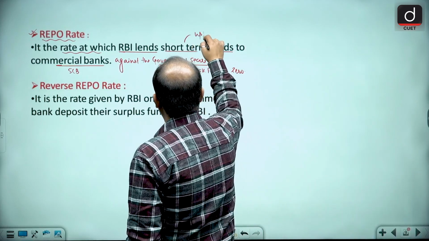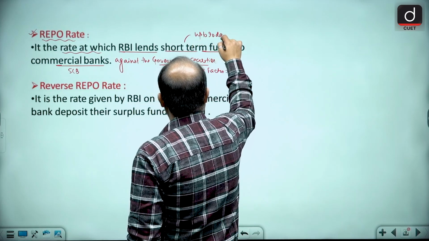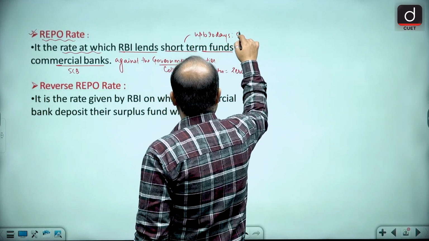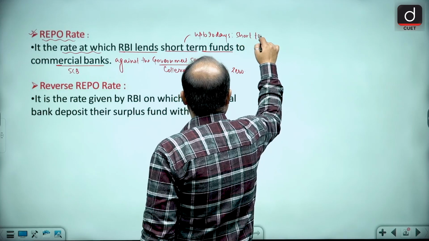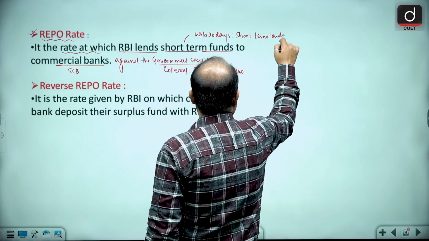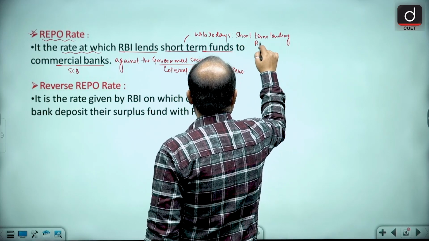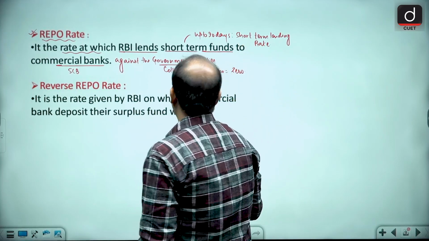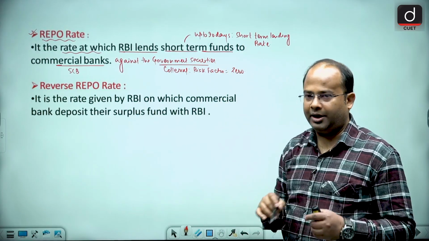So it is up to 90 days. So it is a short-term lending rate, that is called repo rate.